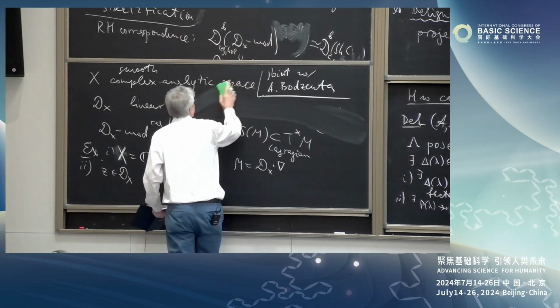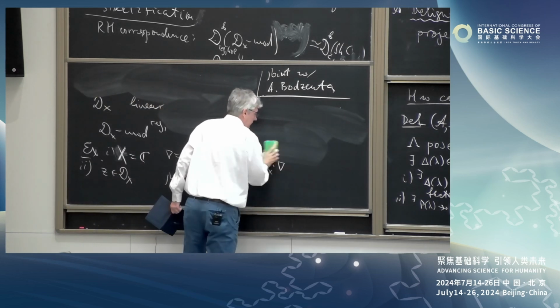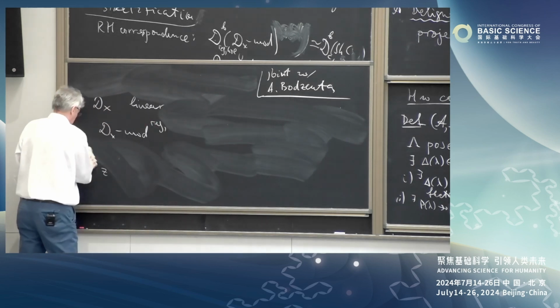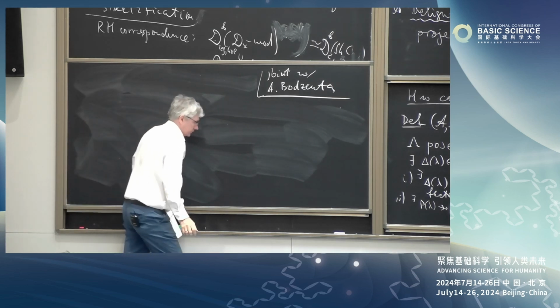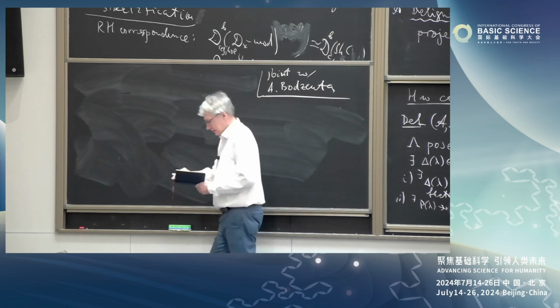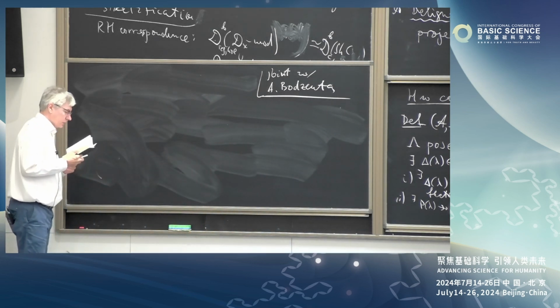But I will speak about the general story, and it will be applicable actually to finite characteristics and even to some relatively new results about Grassmannians. In finite characteristics, there is some highest weight structure, but I'm not sure I have time for this.